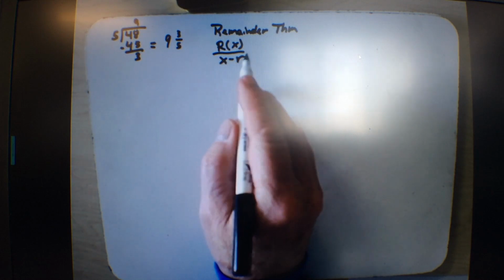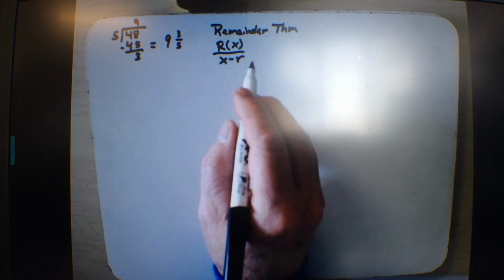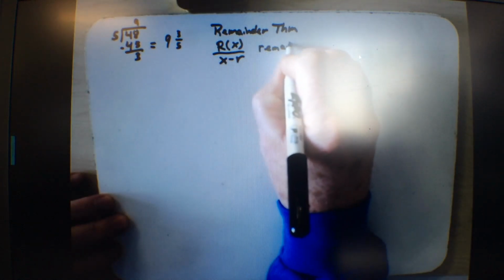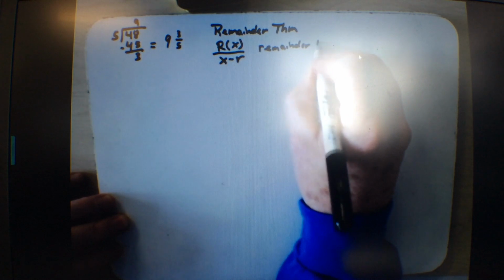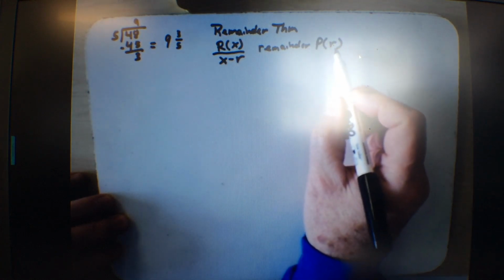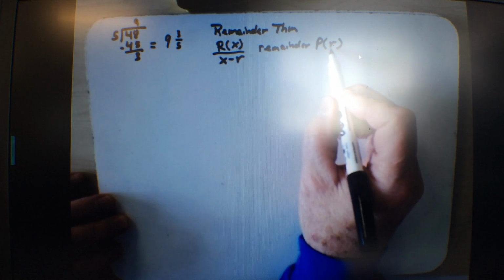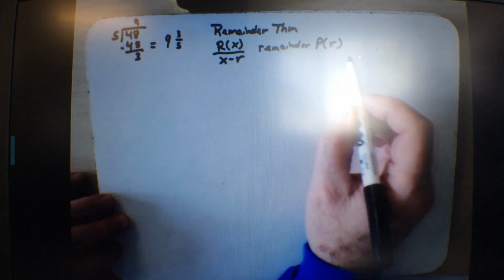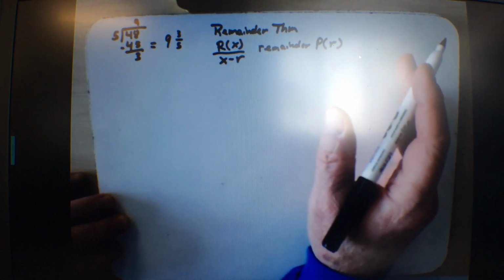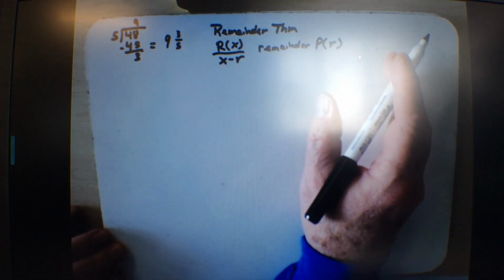And so if this is true, then the remainder is p of r, which means that I can just put r into the function, and the answer I get is the remainder. Now I'm going to show you what that means in a minute.